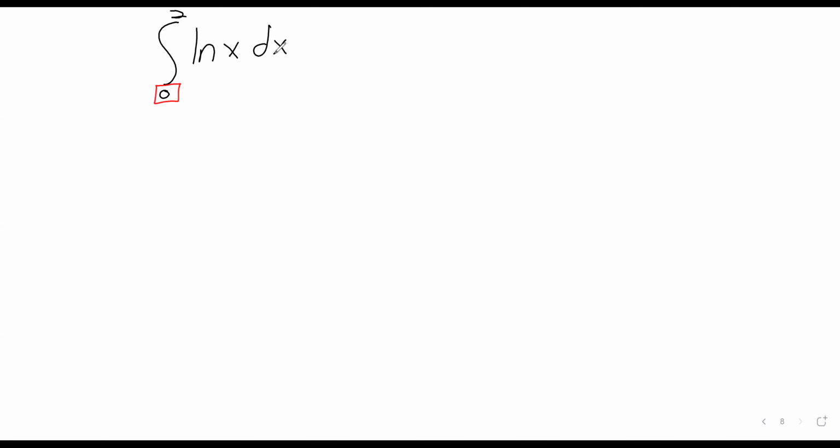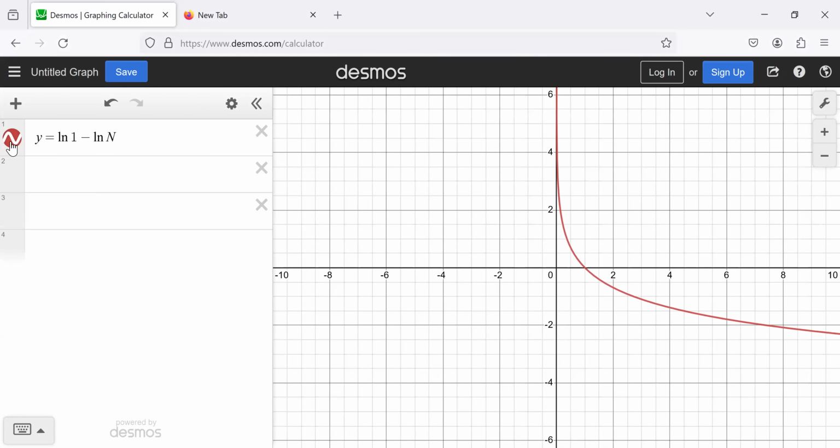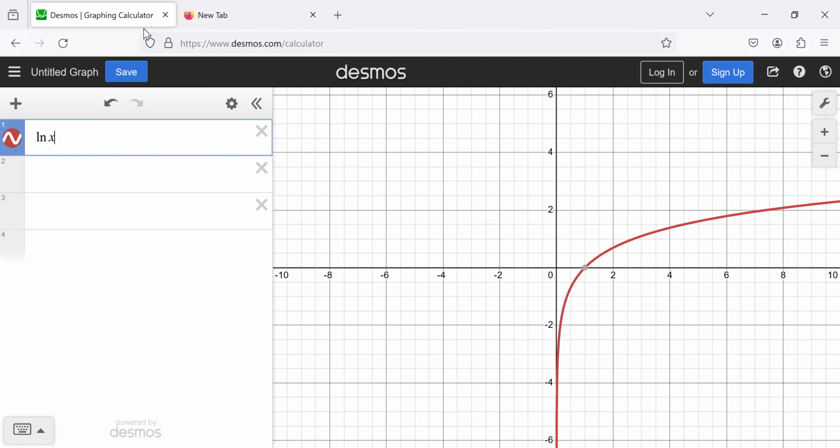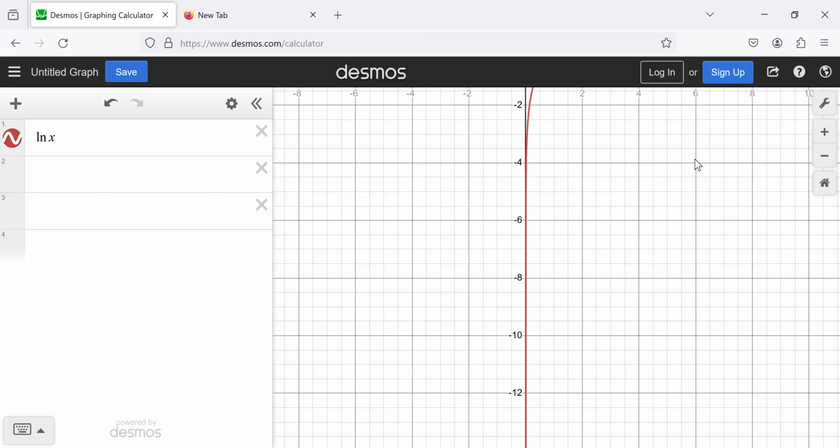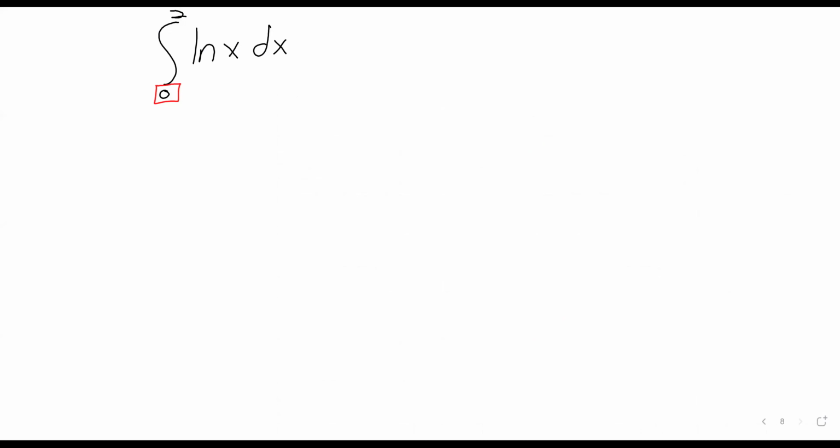There is no division by 0 here. Nevertheless, if we remind ourselves what the natural log looks like, there is this vertical asymptote. So the natural logarithm, well, first of all, let me rewrite it.